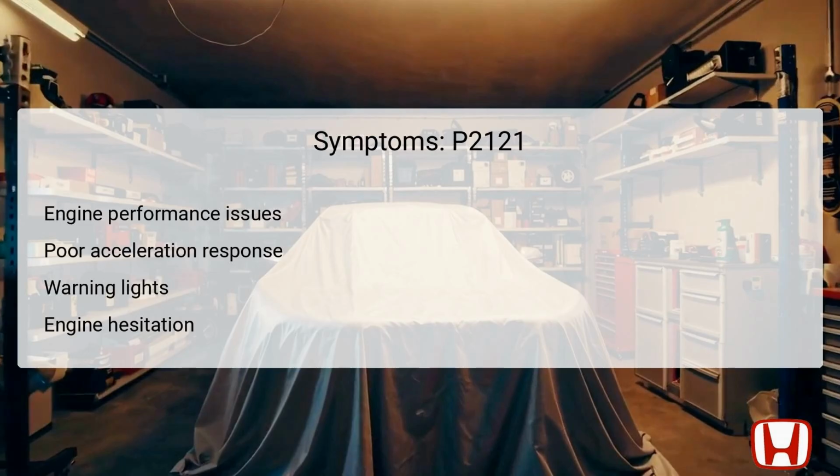Drivers may also notice warning lights on the dashboard, particularly the check engine light, indicating an underlying issue that needs attention. In severe cases, the engine may enter limp mode to prevent further damage, leading to even more noticeable changes in performance. Recognizing these symptoms is crucial for timely repairs and to avoid safety risks while driving.